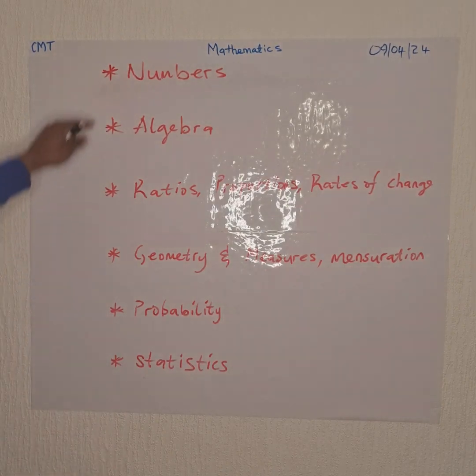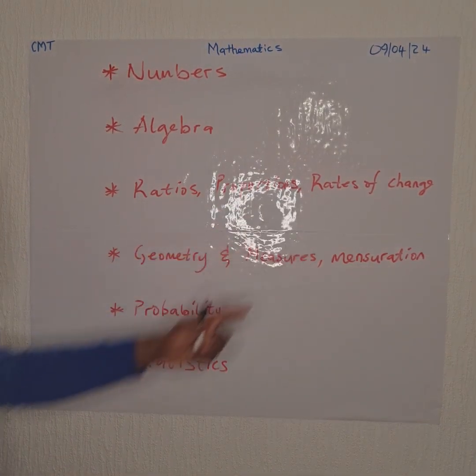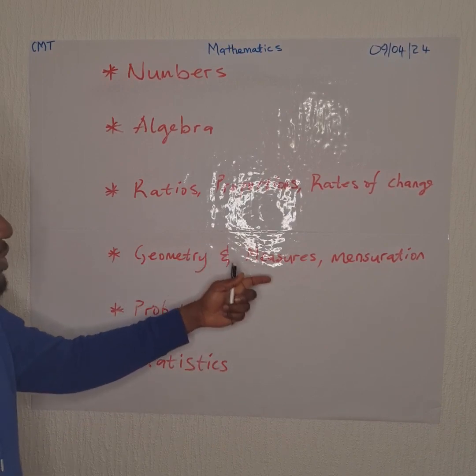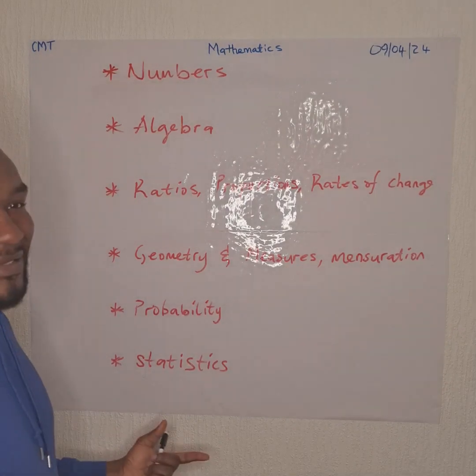In summary, we look at numbers, algebra, ratios, proportions, rates of change, geometry, and measures and mensuration. We look at probability, and then we look at statistics.